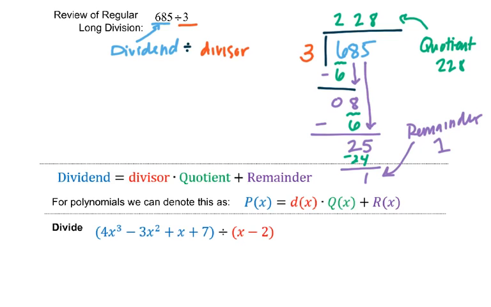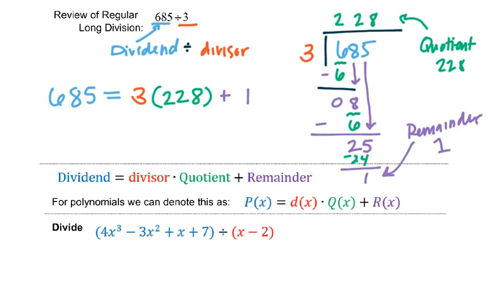And there are different ways that things can be written. But we can take this and rearrange it and say that 685 equals the divisor 3 times my quotient 228 plus my remainder of 1. And this is always going to be a true statement.